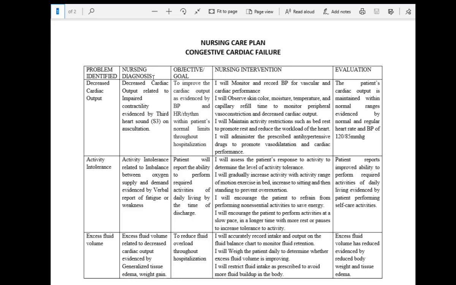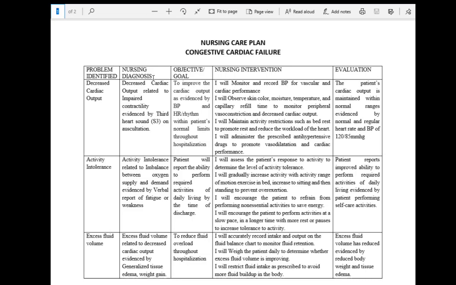What this simply means is that the heart has a duty to eject enough blood that will go to the lungs and later on go to all parts of the body where it will provide the body with oxygen and all these other nutrients. So you find that in congestive cardiac failure, there is a decreased ejection of this blood.